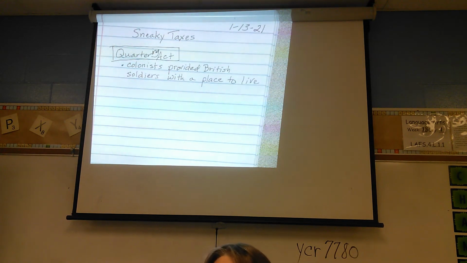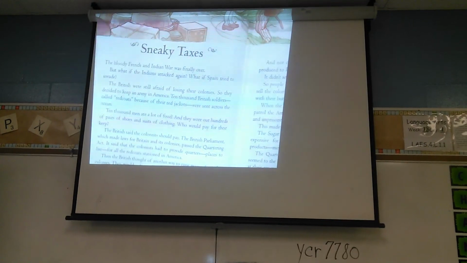So because we know that we're going to be focusing our essay on how the colonists were being treated unfairly, we're now going to read our notes with a lens for those specific things that cause them to feel that. And in this chapter, the first one is the Quartering Act. Did you get that, Eli? Thank you. Okay, so let's read on.